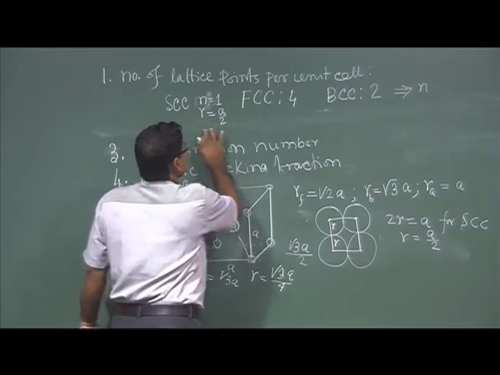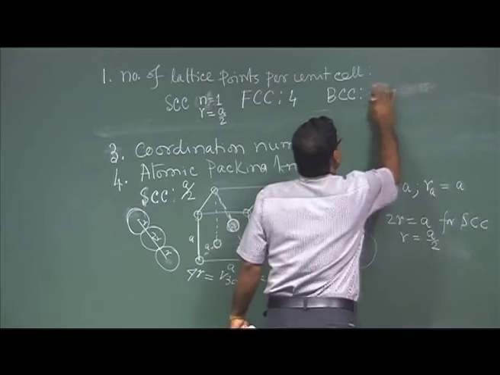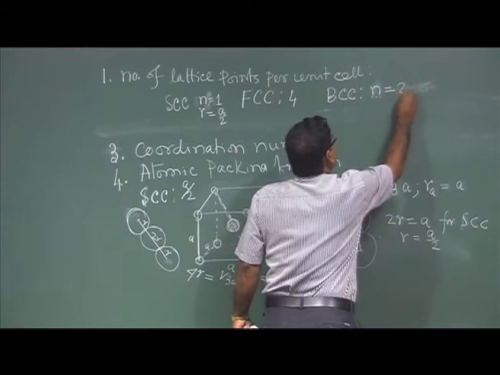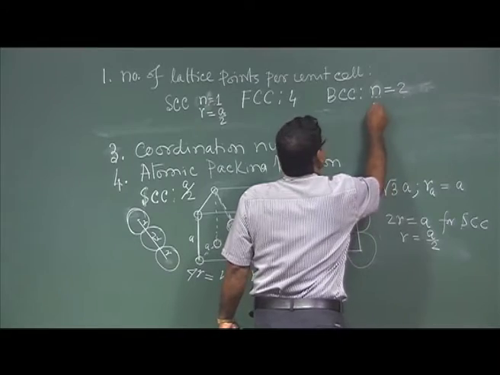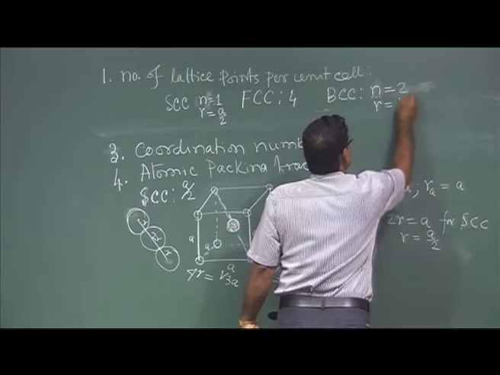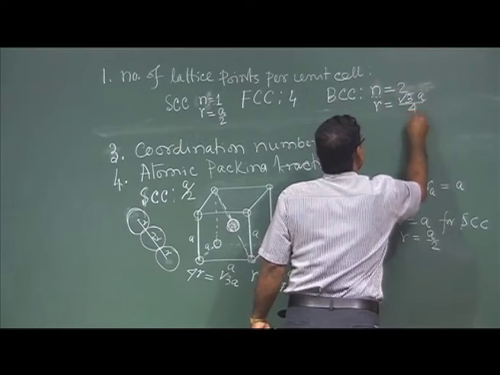And then for BCC, we write n equal to 2 and R equal to root 3 a by 4, right.